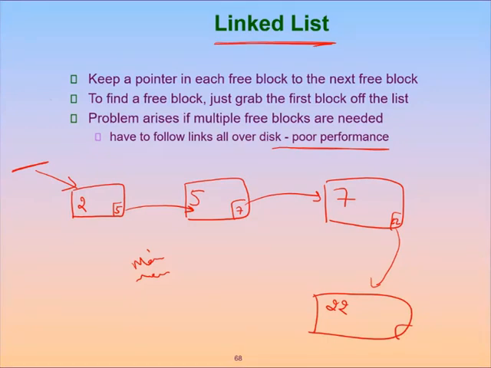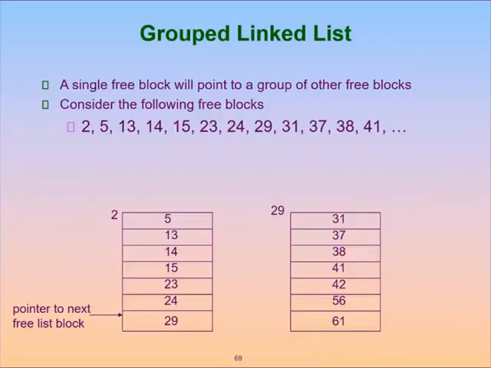Okay, so a slight variation of this linked list is the grouped linked list. Now this grouped linked list will just group the free blocks into one block. Suppose this is the list of free blocks. The first free block, since it is already empty, can hold some information for some time.